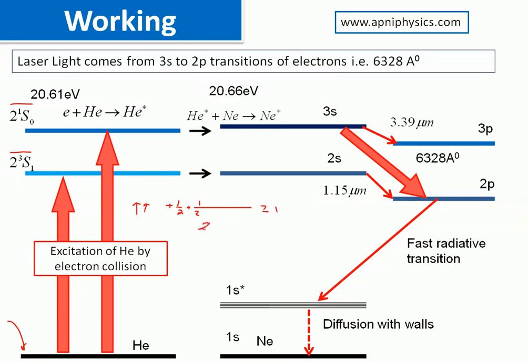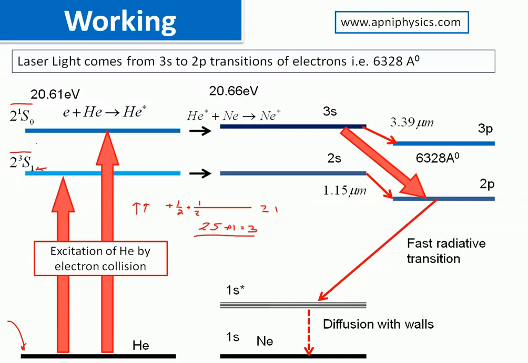Multiplicity is defined by 2s plus 1, and when we put the value of s equal to 1 here, 2s plus 1 becomes 3. So if the multiplicity is 3, we call it the triplet state. And this is the total spin angular momentum, that is 1. So this is the name of the state using the multiplicity 2s plus 1.